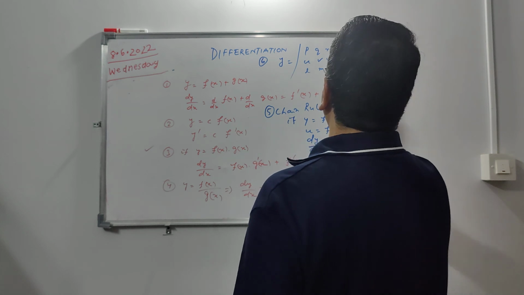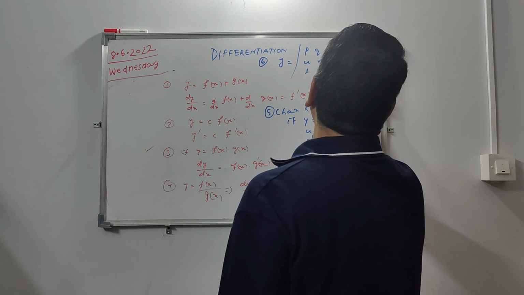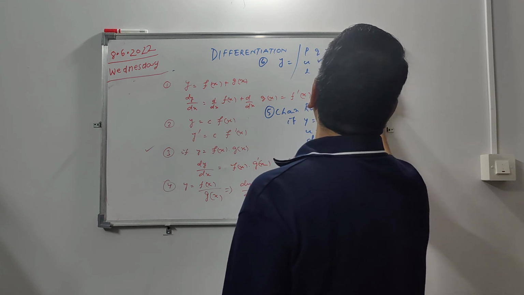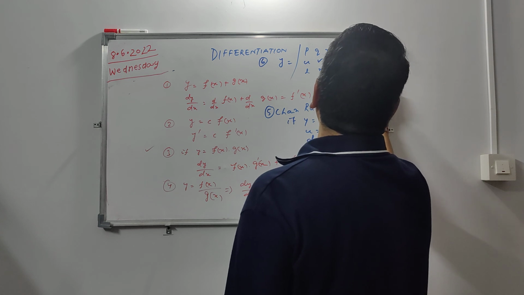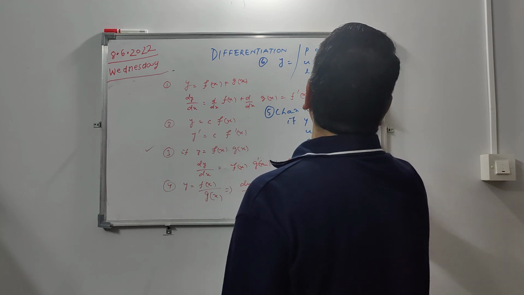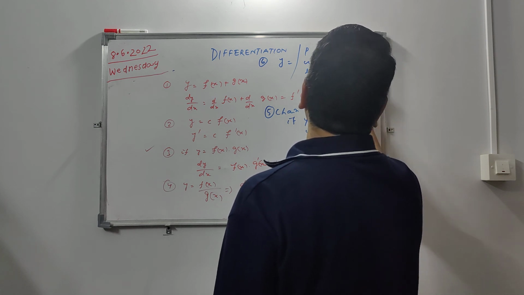The first term is dp by dx, dq by dx, dr by dx, while U, V, W and L, M, N remain constant.